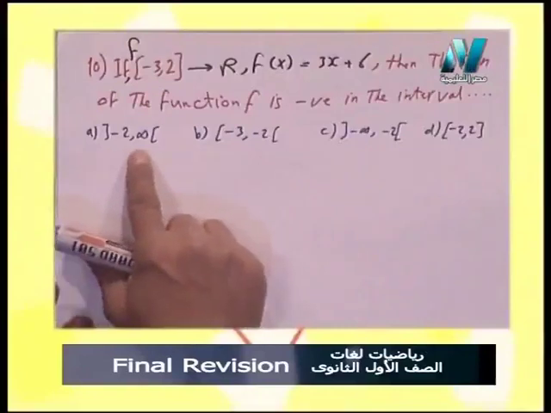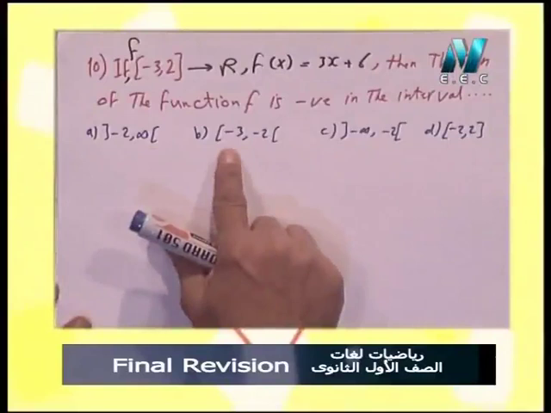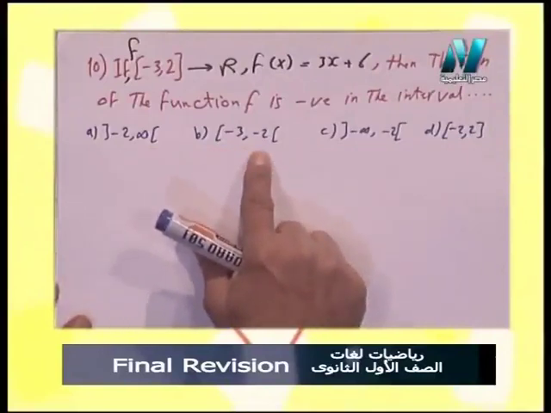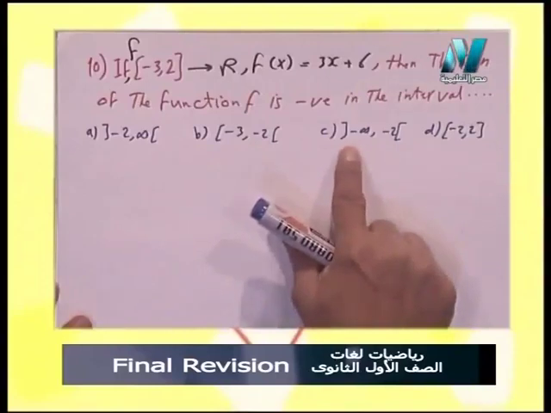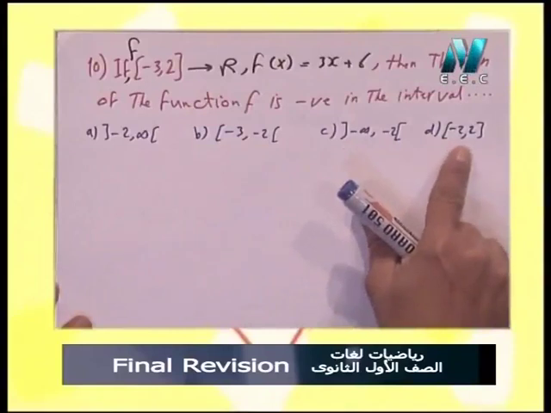Is it negative 2 and infinity, all of them open; negative 3 closed and negative 2 open; or negative infinity open and negative 2 open; or negative 2 closed and 2 closed?